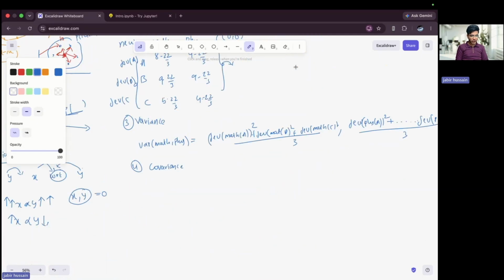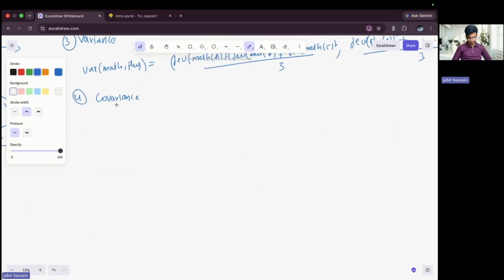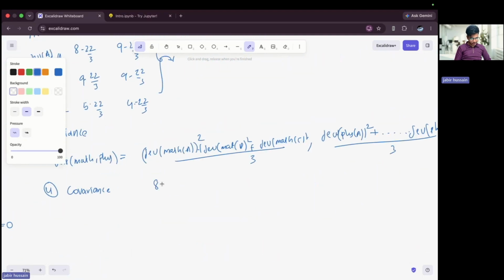Now, how do we calculate that? We calculate covariance like this. So we have points, right? We have deviation points, which are this one: 8 minus 22 divided by 3. After that, 9 minus 22 divided by 3.